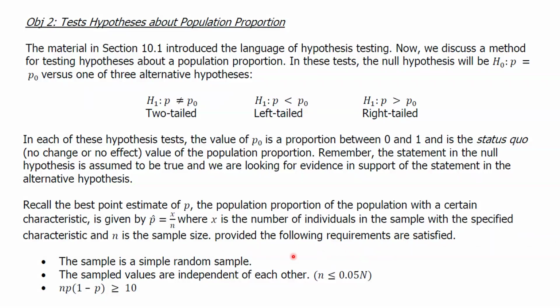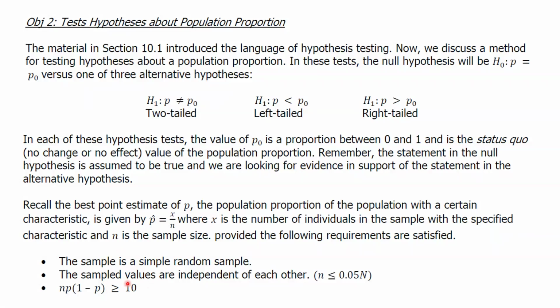The first one being that the sample is a simple random sample. The second one being that the sampled values are independent of each other, so the sample size is less than or equal to 5% of the population size. And n times p times 1 minus p is greater than or equal to 10.